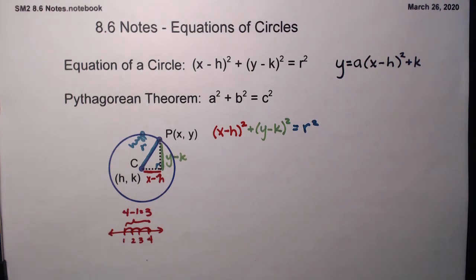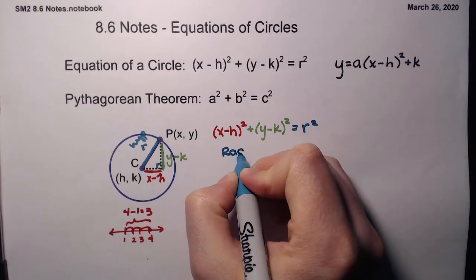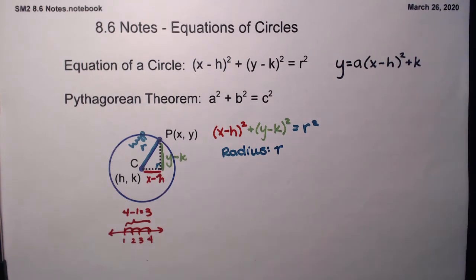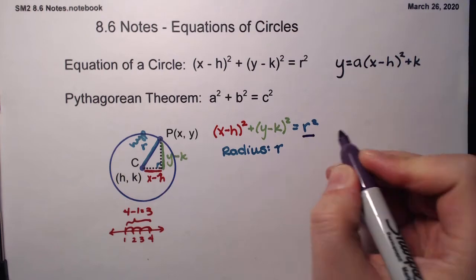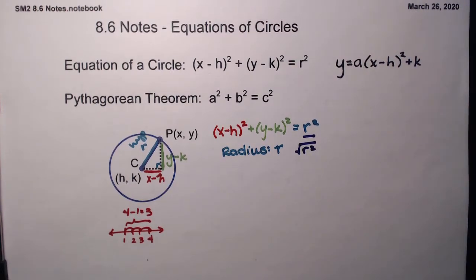Now, one thing to keep in mind is with this equation of the circle, your radius is the r value. So what you're going to have to do is take this value and take the square root of it to get r.